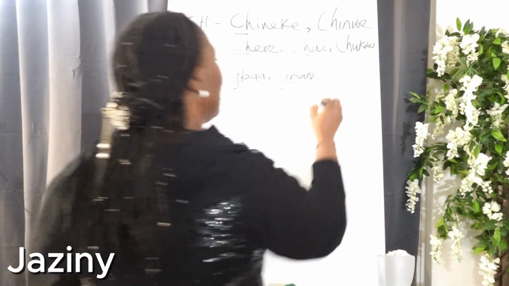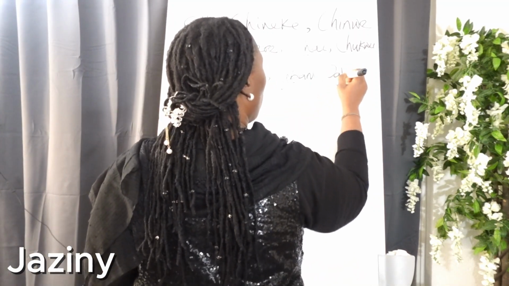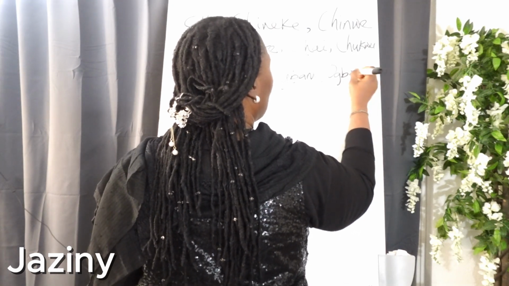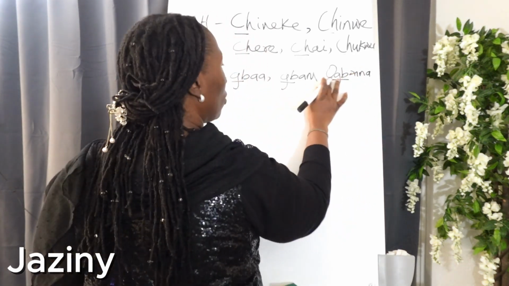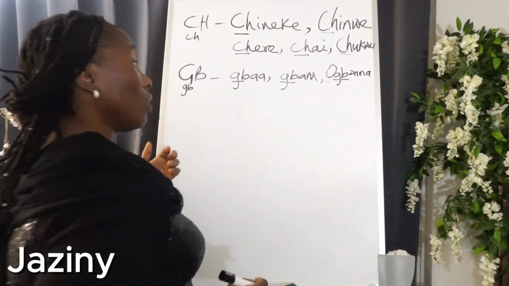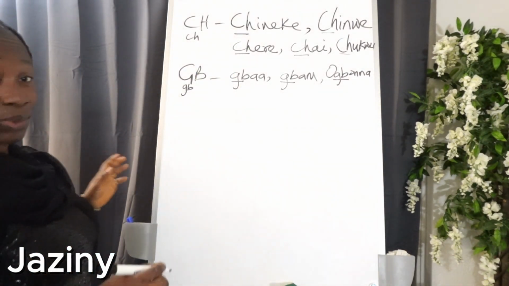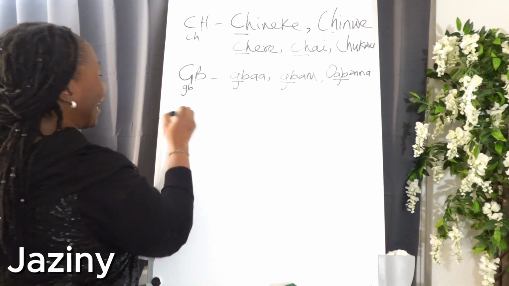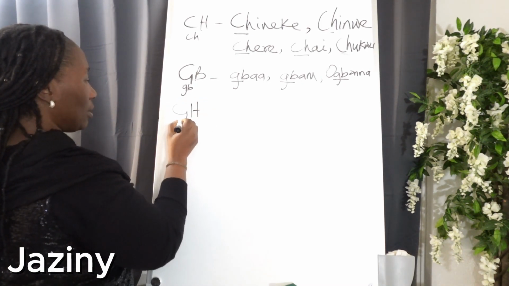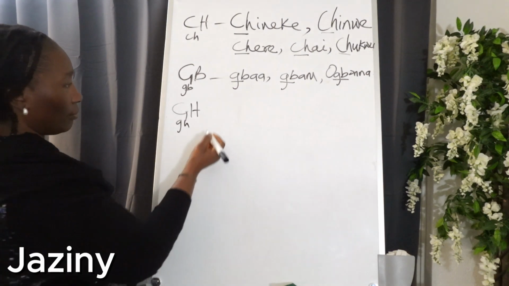Then you may have had names like Obonna. This is the B sound here. I'm just trying to give you examples of where you can see these letters and their sounds. Another one is G, which is GH.